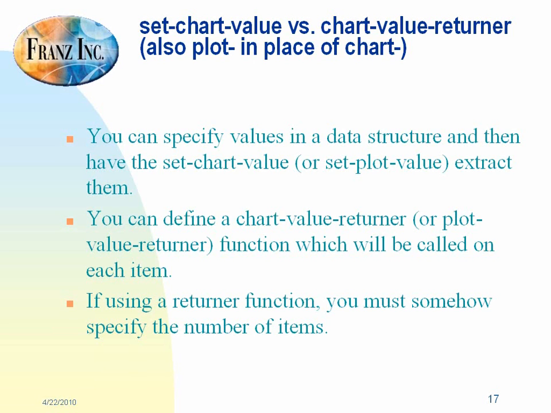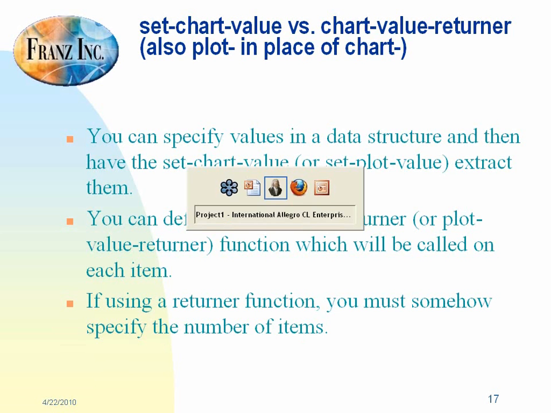But you can also define a function, which is the value of the chart value returner property or the plot value returner property, and that function will run through a series of values and you will get the y value by providing an x value. If using a returner function, you obviously have to specify things like the number of items you want, because it has no way of knowing how often to call the function.